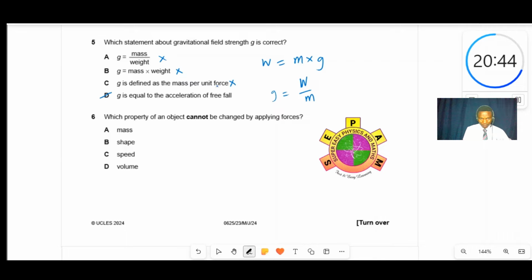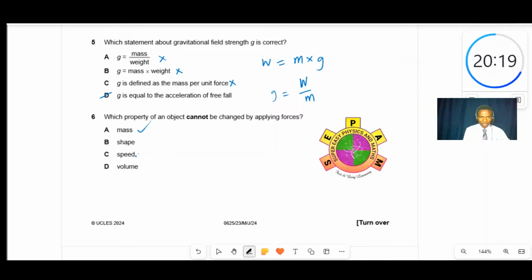Question 6. Which property of an object cannot be altered by applying forces? I think that is mass. Shape, you can compress and enlarge a spring. Speed, if you apply force in the positive direction to a particle, the speed will increase.